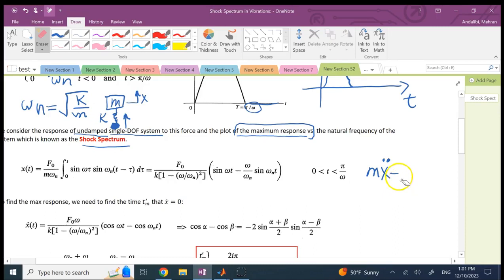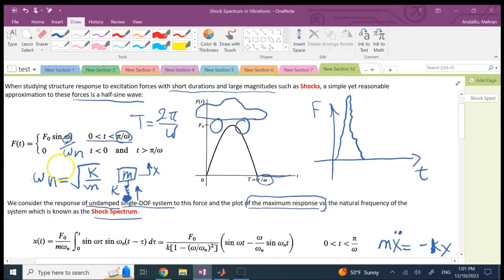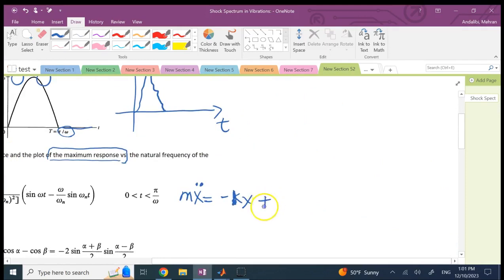And then here, the force is a negative kx, the spring force, and then what? Plus the external force F, which here we show with F of t.